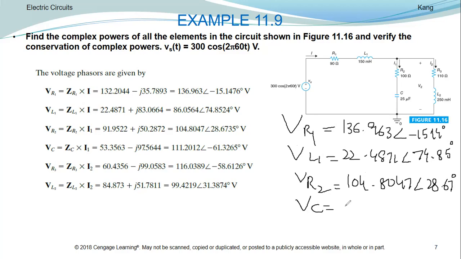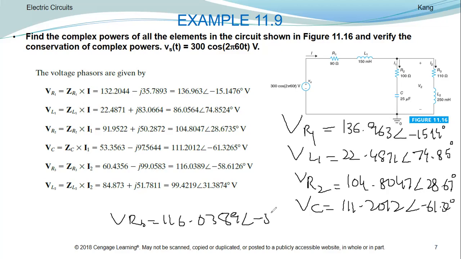VC will be equal to 111.2012 with the angle 61.32 degrees. Now VR3 will be equal to 116.0389 with the angle minus 58.61 degrees. And the last one is VL2, which will be equal to 99.4219 with the angle 31.3874 degrees. These are all the 6 values to find.